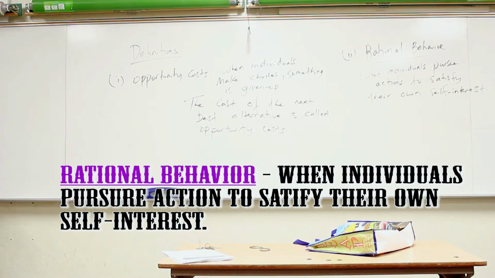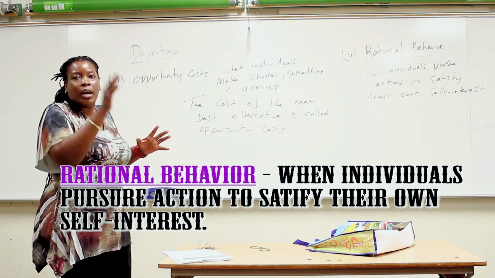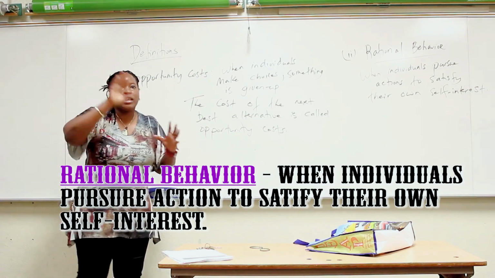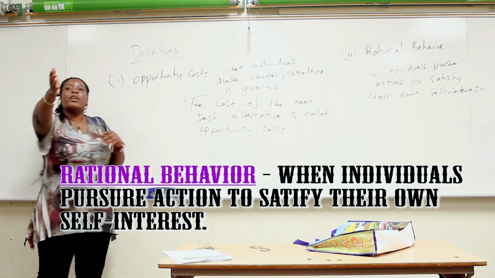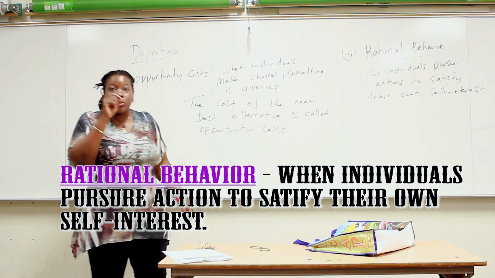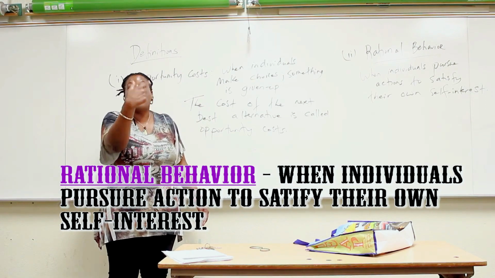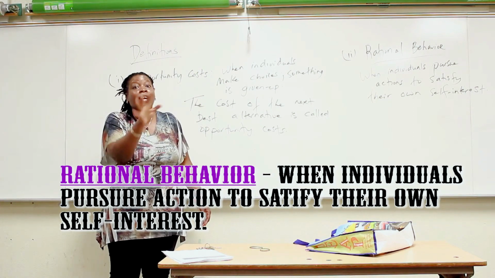Let's say, for example, to explain rational behavior, I observe Javier eating an apple. If Javier is a rational individual and I observe him eating an apple, I can assume that he gets satisfaction or pleasure from eating that apple. If he did not, he would not be eating it because he's rational.